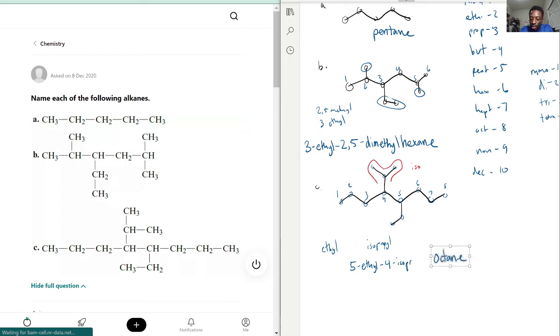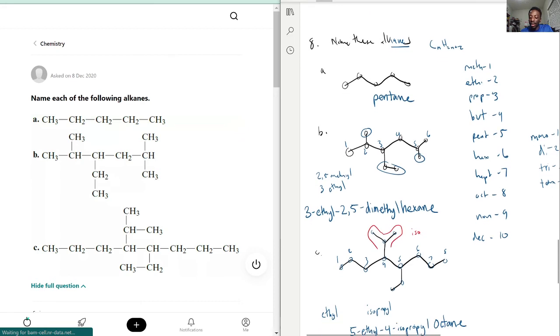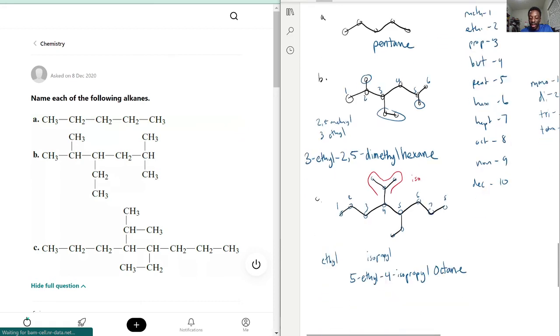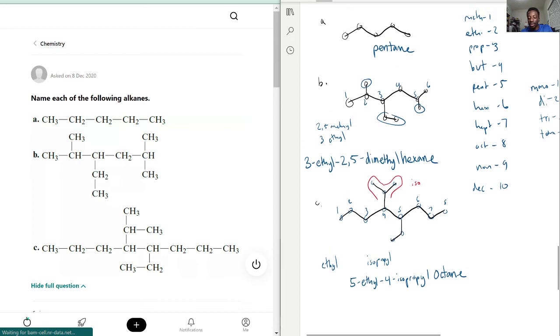Oops, spelled that wrong. Isopropyl octane. So 5-ethyl, 4-isopropyl octane. And now we've labeled all 3. We have pentane, 3-ethyl, 2,5-dimethylhexane, and 5-ethyl, 4-isopropyl octane.